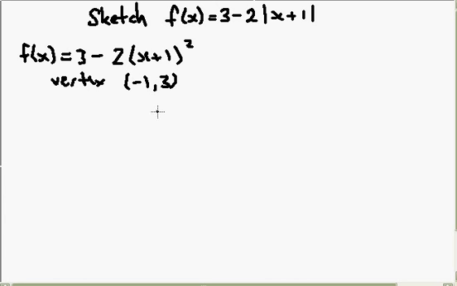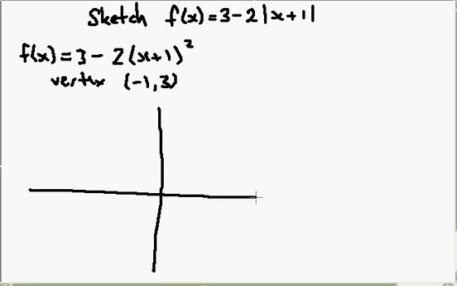Now, when I'm sketching this modulus function, it is a very similar situation where the vertex is at (-1, 3).